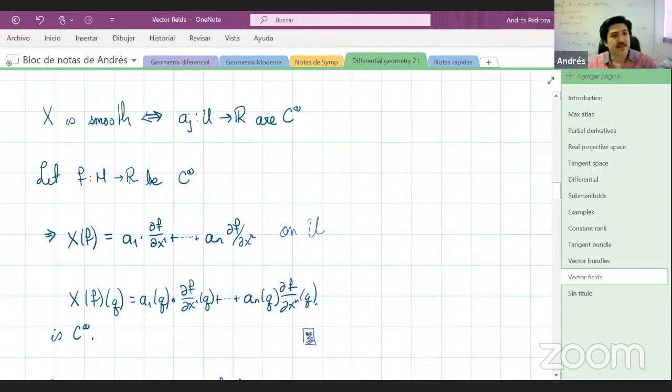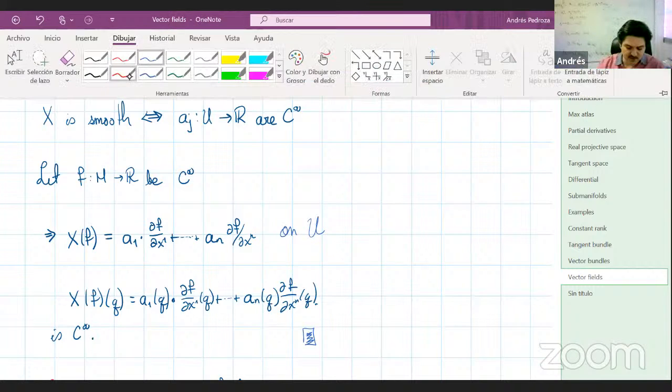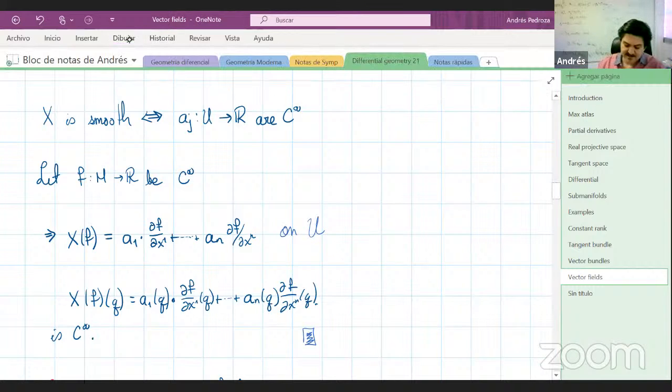Now, when we were defining derivations and vector fields, this is where it is important to notice why C infinity is crucial here.